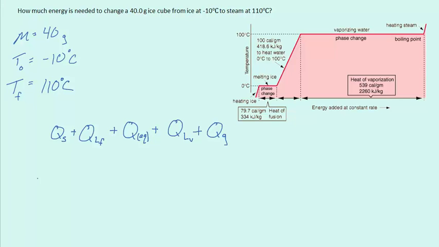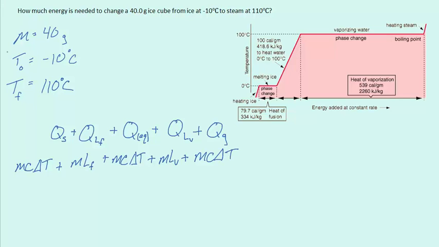If we expand our equation, for our solid state we'll have our mass times our specific heat multiplied by our change in temperature, plus our mass times the latent heat of fusion, plus our mass of ice times our specific heat times our change in temperature, plus our mass multiplied by our latent heat of vaporization, plus our mass times our specific heat times our change in temperature.